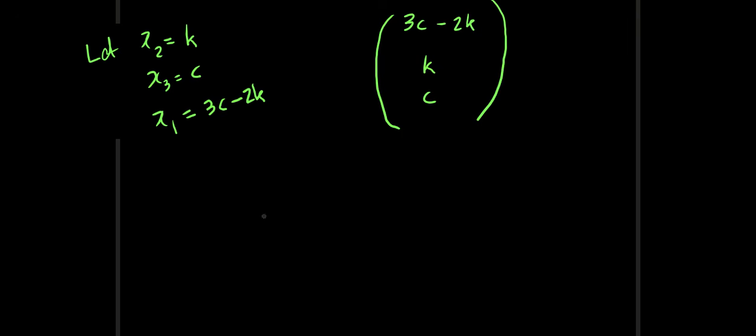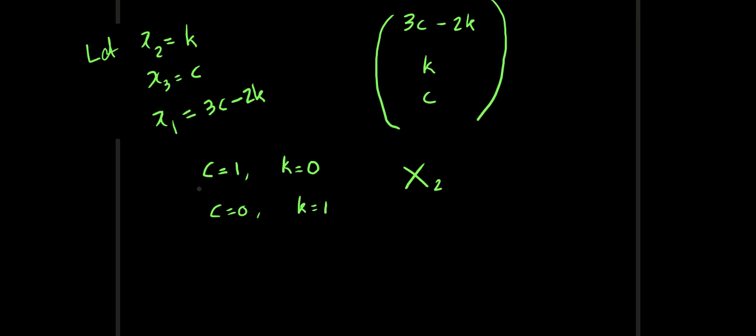Now look at this. Since there are 2 arbitrary constants, the method is very simple. First we put c is equal to 1 and k is equal to 0, and then we put c equal to 0 and k is equal to 1, so that we get 2 linearly independent vectors.